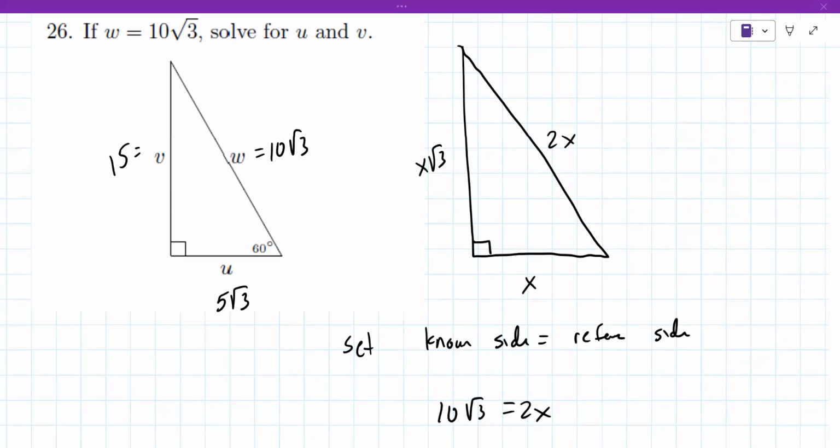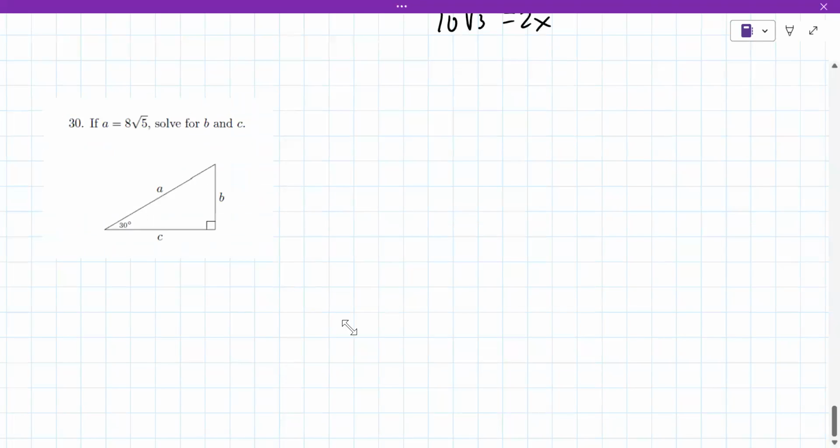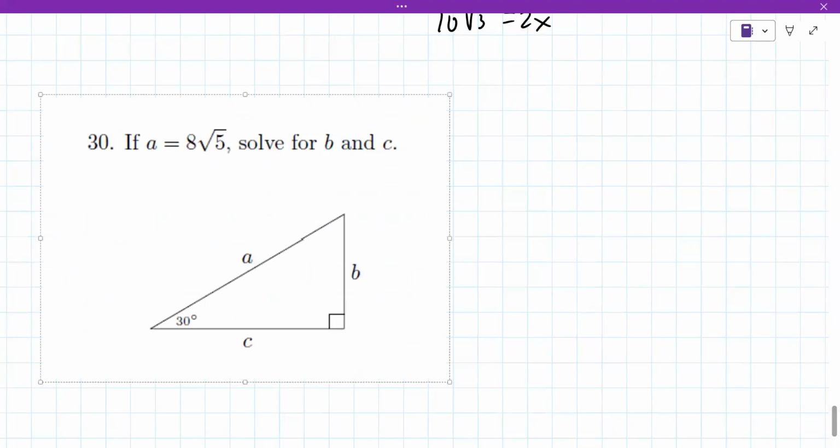Let me grab another problem here for you to try. All right. Go ahead and take a look at that, please. And if you need me to, I'm happy to draw the reference triangle.